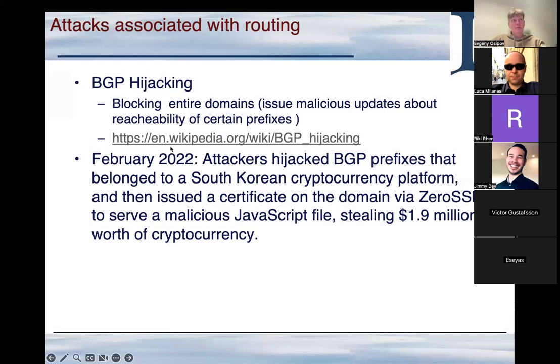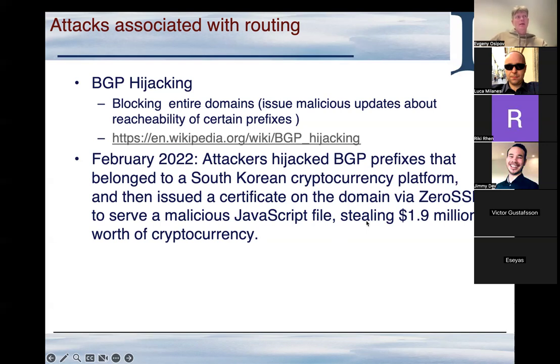Here you can read more about it and about successful types of attacks. The recent one I found dates back to February 2022, 3 years ago, where it's a combination, a very complicated plot against, in this case, a South Korean cryptocurrency platform.